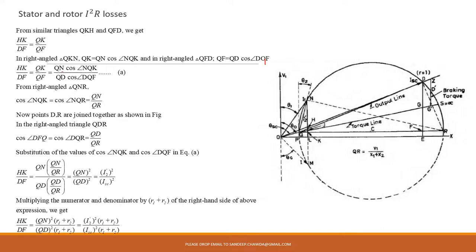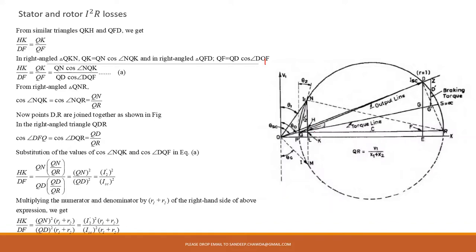Now we know the value of QN and QD. Now we are going to determine cos angle NQK. For this we are going to consider triangle QNR. R is basically a point here. We have just joined this line N and R, so we will get this triangle QNR.